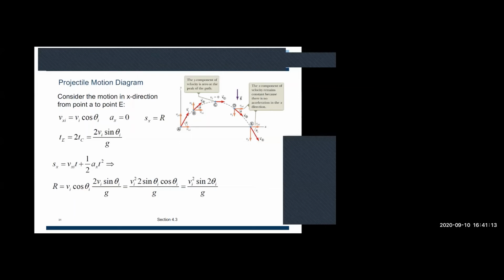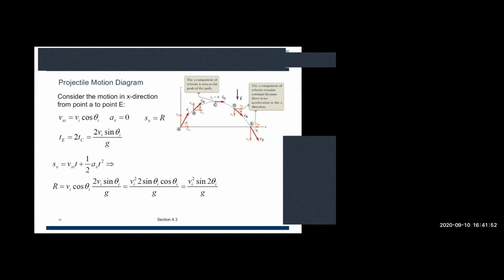The question is, how do we determine what this is? Here, it has been written very simply that TE is equal to 2 times TC. You could actually determine it by further derivation, that the time from A to C is equal to the time taken from C to E. They have the same vertical displacement, from A to C and from C to E, and the same downward acceleration.